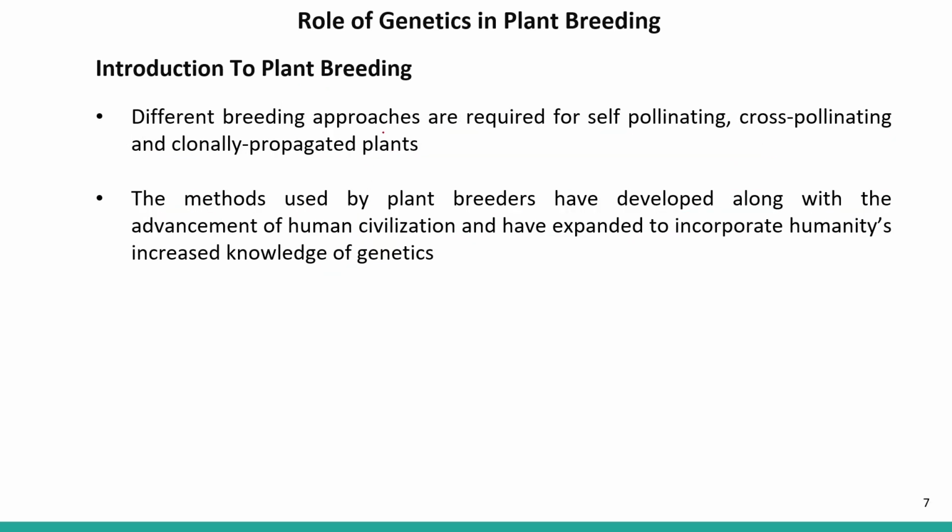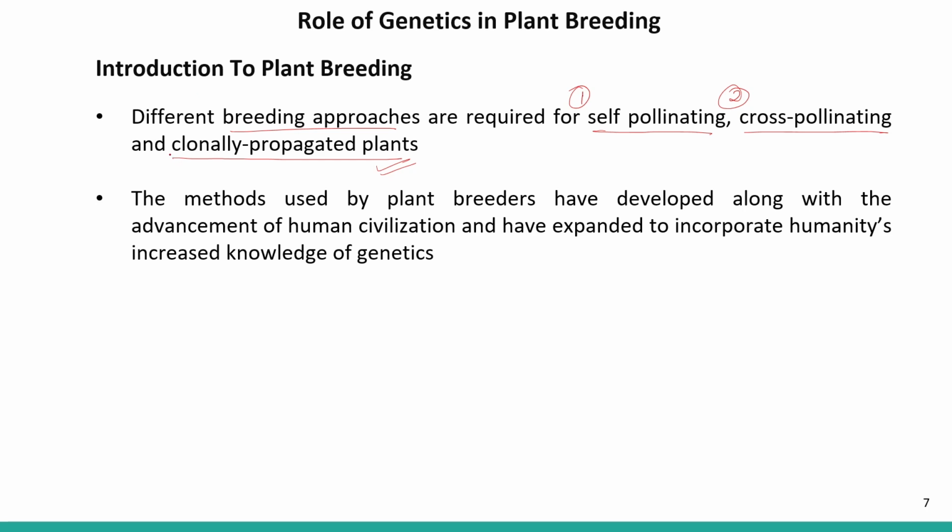Different breeding approaches are required for self-pollinating, cross-pollinating, and clonally propagated plants. Self-pollination is where on the same flower, the pollination happens. Cross-pollination is between two different flowers, even on different plants.